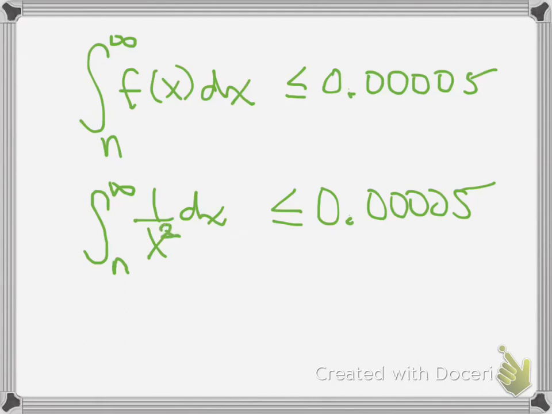If you work out this improper integral, it works out to be 1 over n. We saw when n was 20, it worked out to be 1 over 20. You should be able to demonstrate that. So I need to figure out the value of n that makes 1 over n less than or equal to 0.00005.